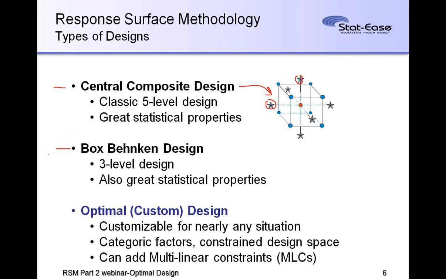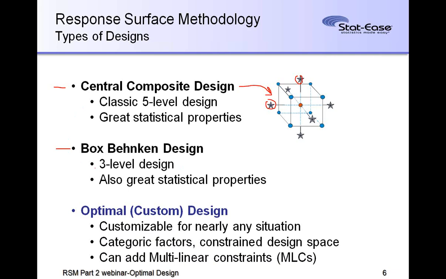But the one big difference between the two is the Box-Behnken design will not run those extreme cases, those corners of the cube, high, high, high level, or low, low, low level. So it kind of runs more of the centers of the edges and more interior points, not those extremes. And that could be useful in some cases. Also, it's only the 3-level design.